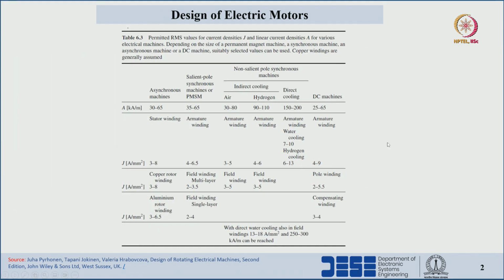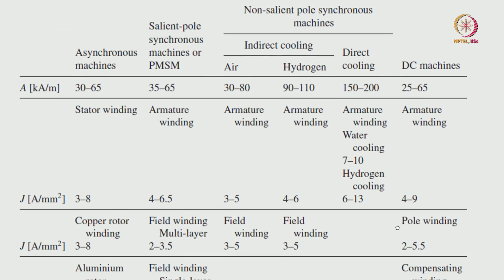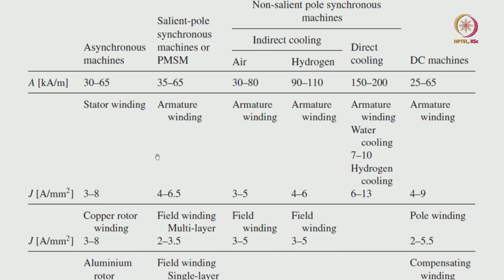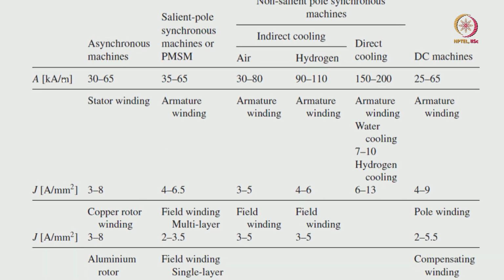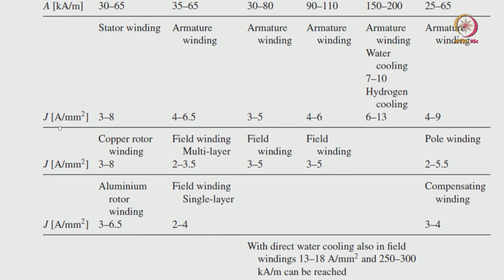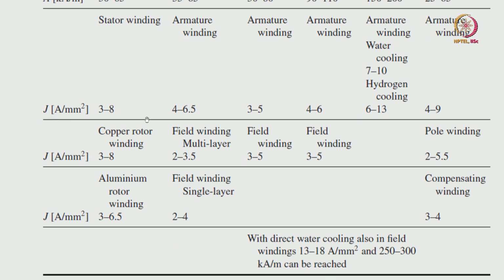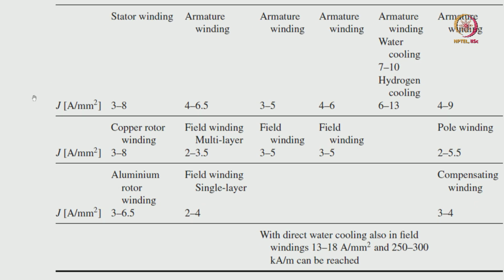Similarly, if we take the electric loading for different machines, okay, this A is nothing but electric loading, that is what we have discussed with respect to the D2L product equation, and J is nothing but actual surface current density, that is ampere per mm square, with respect to the stator winding.